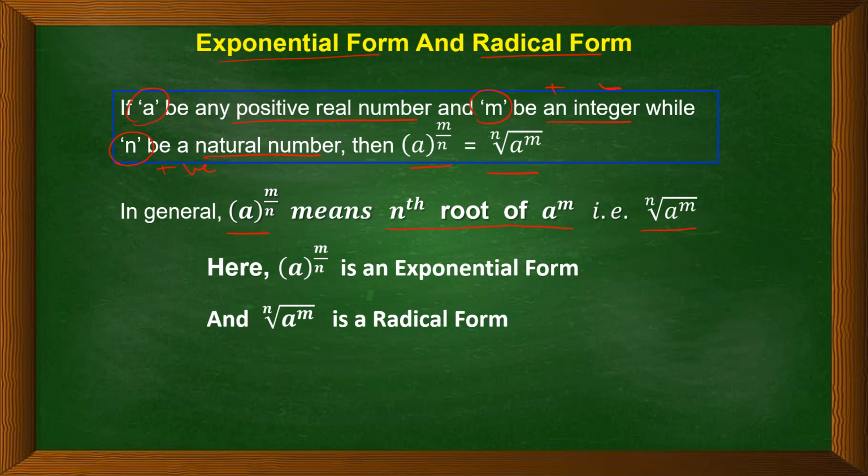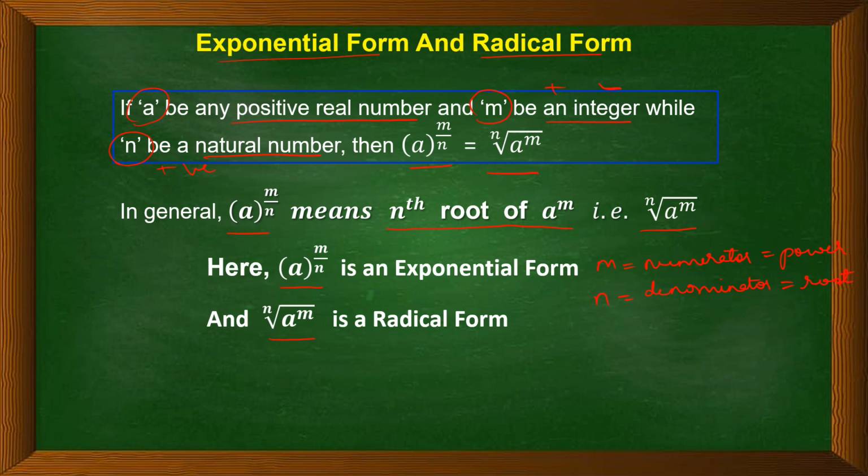Now m, which is the numerator, becomes the power in the radical form, and n, which is the denominator, becomes the root in the radical form.